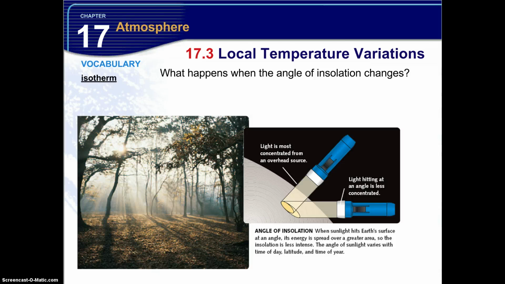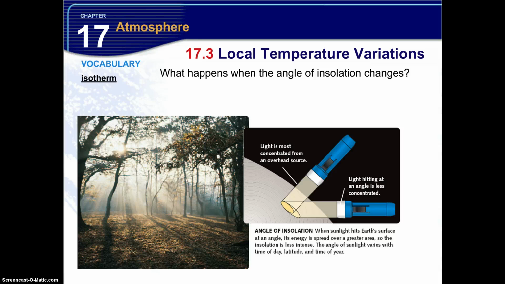Now, with the two different descriptions, we see that light is most concentrated from an overhead source at a 90-degree angle. So when the sun is directly overhead, the angle of insolation is 90 degrees, and Earth's surface receives the maximum amount of energy. Now, as the angle of insolation decreases, the energy of the rays is spread out over a larger area. So the energy per unit area decreases.